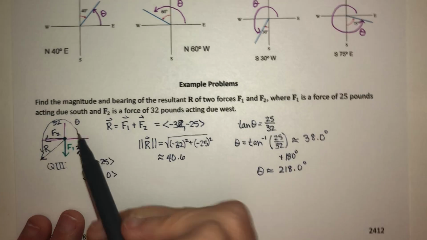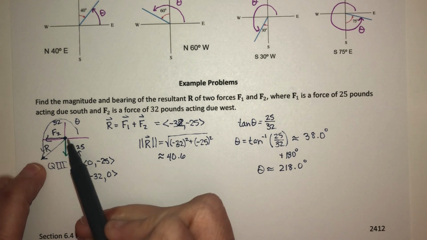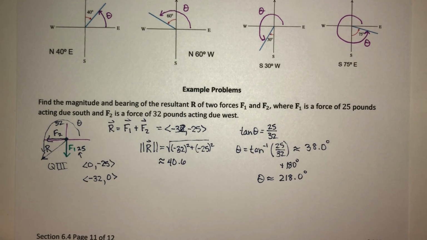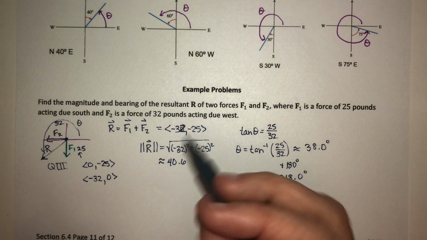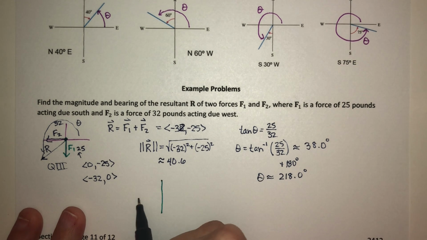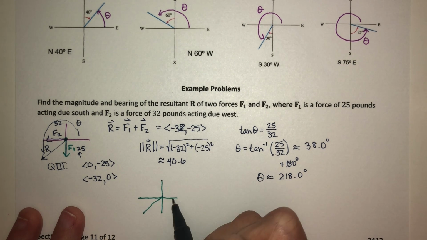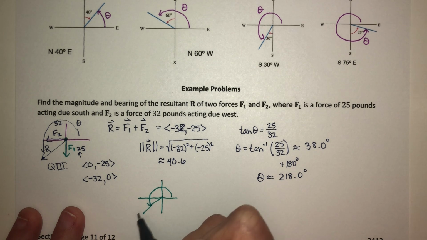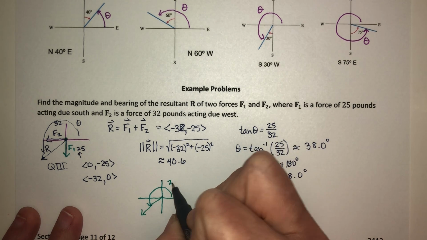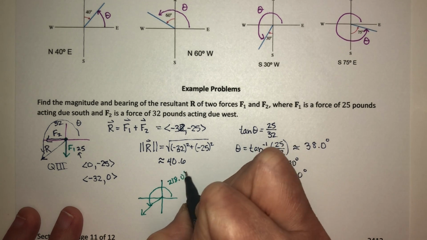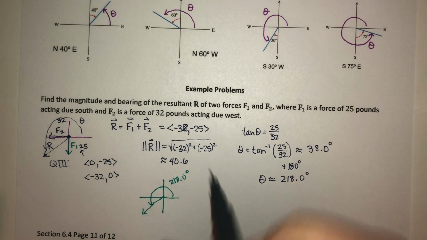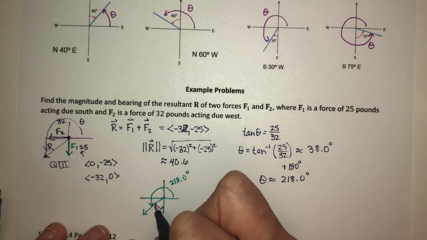Okay, so this gives me my theta, but I'm interested in my bearing. So right now, I have this measurement as 218.0 degrees, and I need to find this measurement.